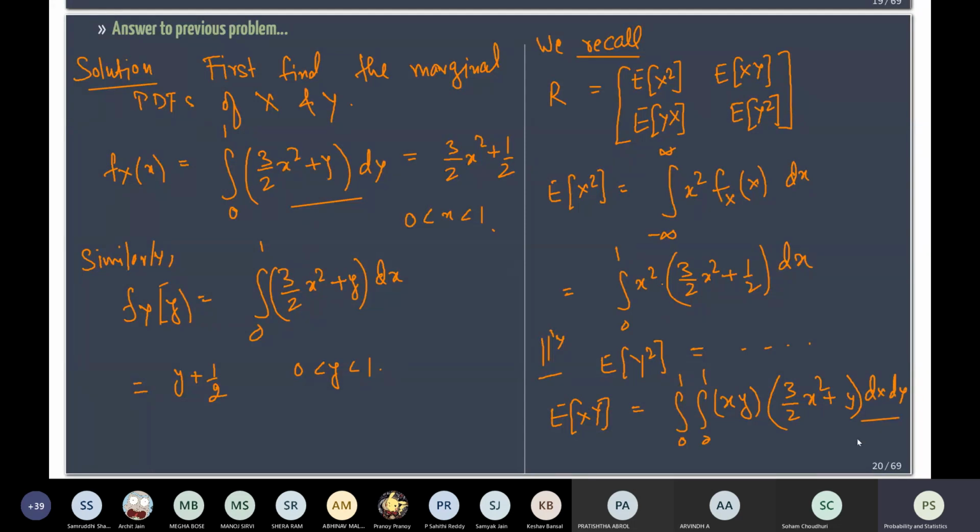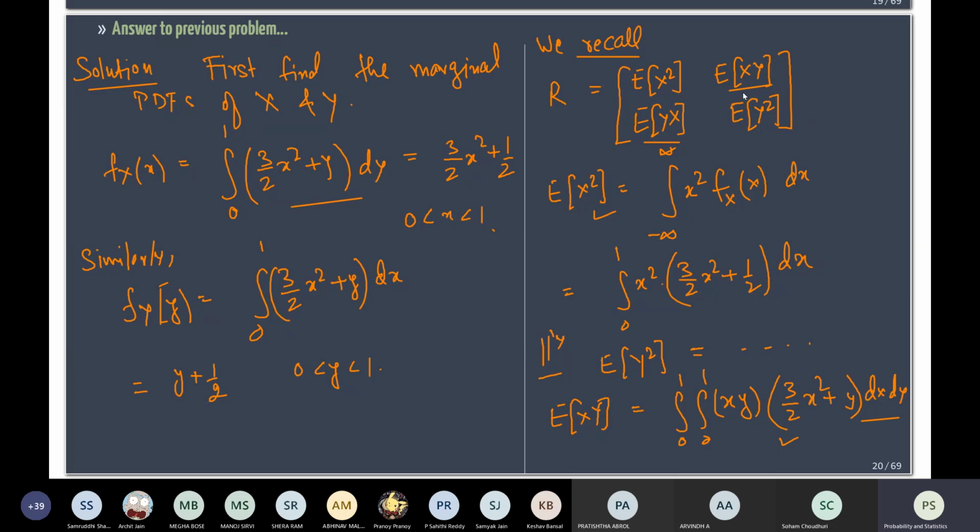So it's a matter of computing this integral. Once you have these terms, the expectation of xy and yx won't change anything in this case, so they will be the same.